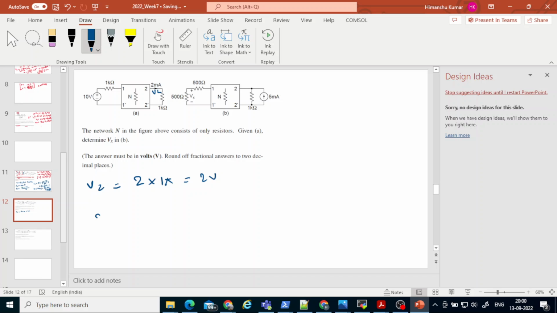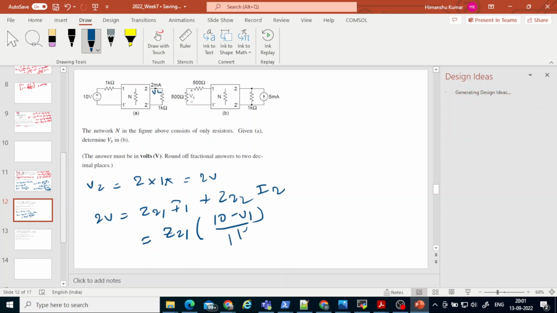and so in our second equation we can write 2 volt equals Z21 times I1 plus Z22 times I2, which will be equal to Z21 times I1, and the I1 we found is (10 minus V1) by 1k, plus Z22 times minus 2 milliampere.